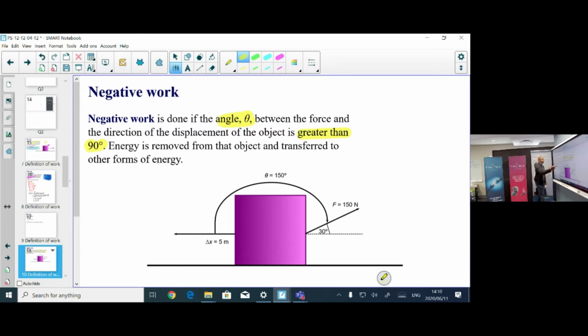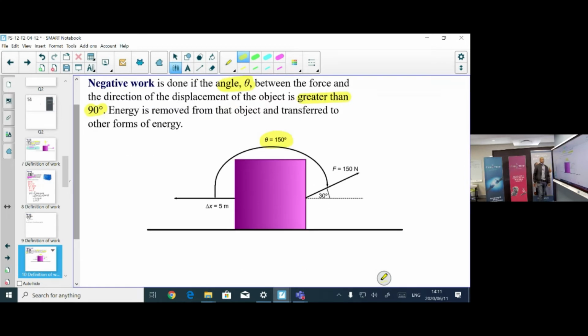If you look at the diagram here, we have this angle. The angle, of course, is greater than 90. That is 150. What about the force? The force, if you look at it, is pointing to the other direction, and the displacement is also pointing to the other direction.